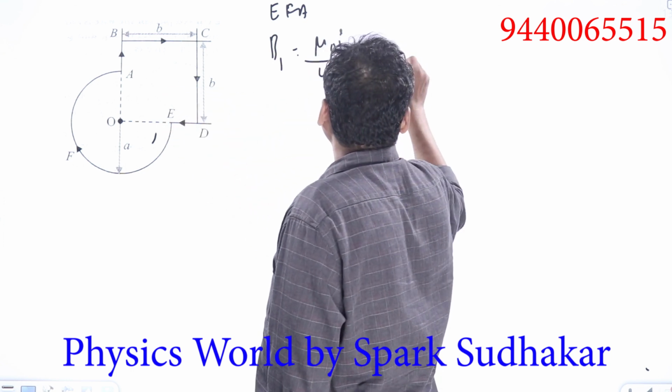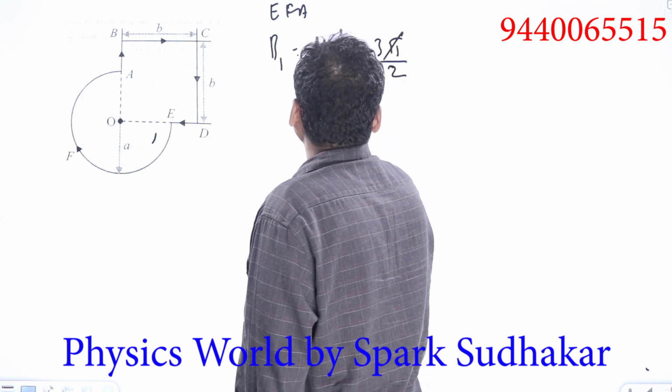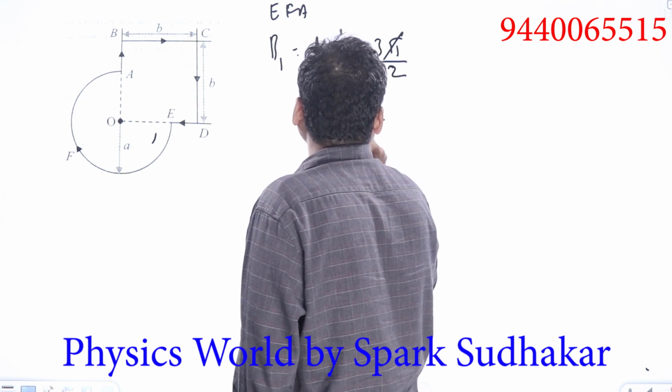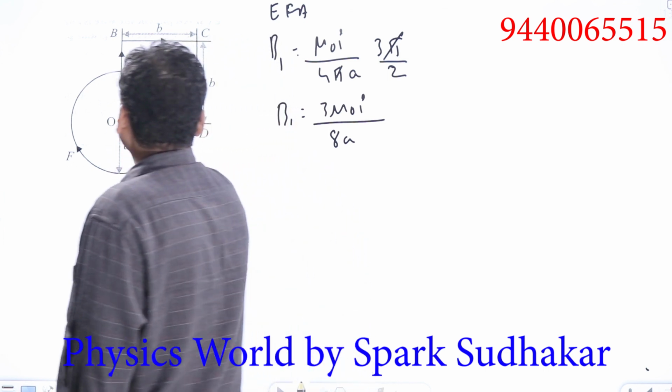So pi and pi get cancelled here. We'll get 3 mu naught I by 8a as the field due to this segment EFA.